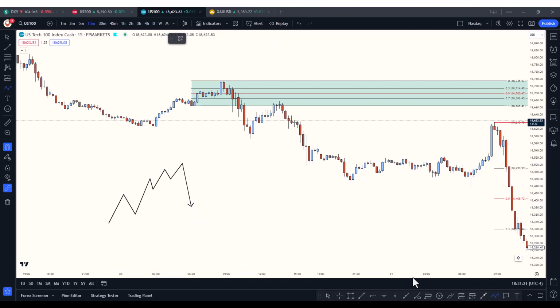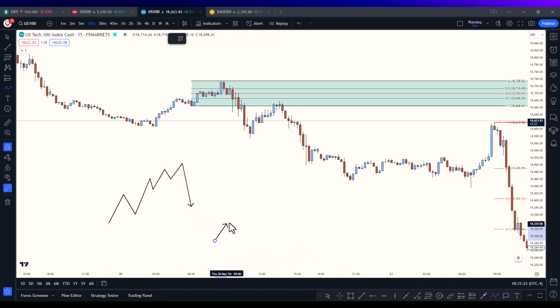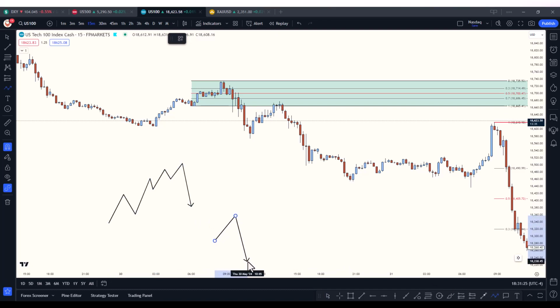And in a downtrend, if we start making lower lows, we need to mitigate this zone above the 50% of this move. And this is exactly what happened here. See this?